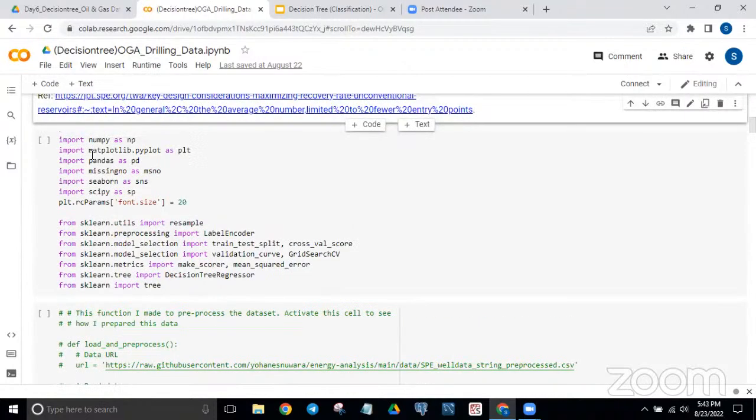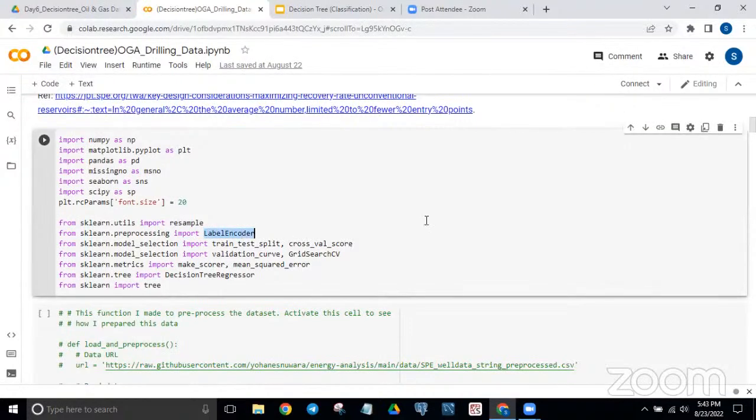Okay, so I have imported all necessary modules that are required, like NumPy, Pandas, Seaborn, Matplotlib, and SciPy. In the same way, from sklearn, we are doing some pre-processing here, so I am using LabelEncoder here.